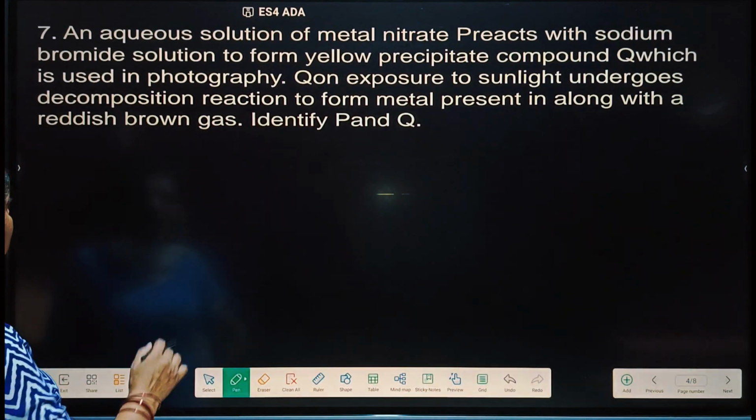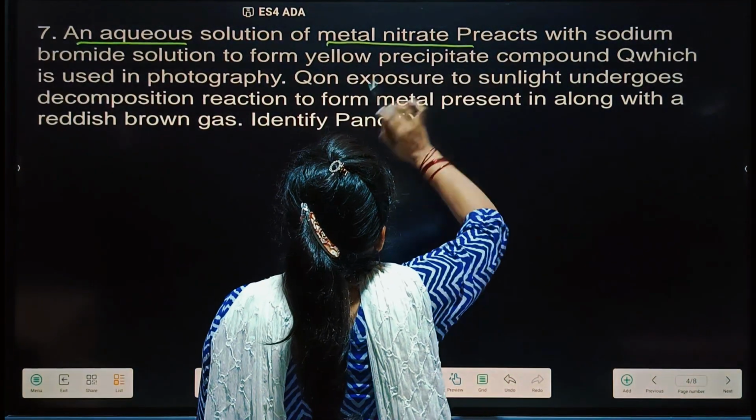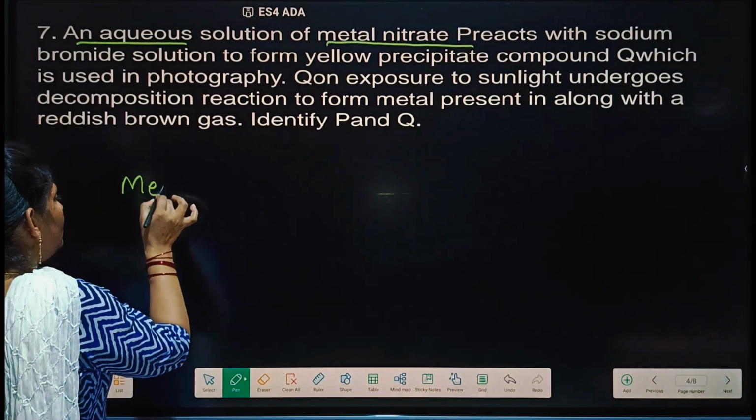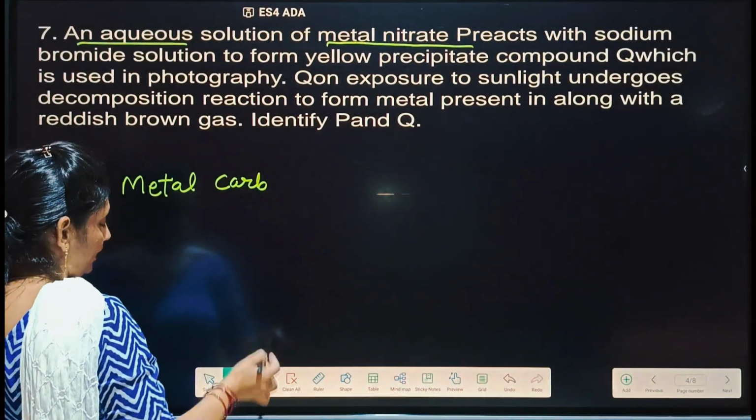Our next question is: an aqueous solution of metal nitrate P reacts with sodium bromide solution to form a yellow precipitate. Okay, any metal nitrate we are having, we don't know the name of the metal here.